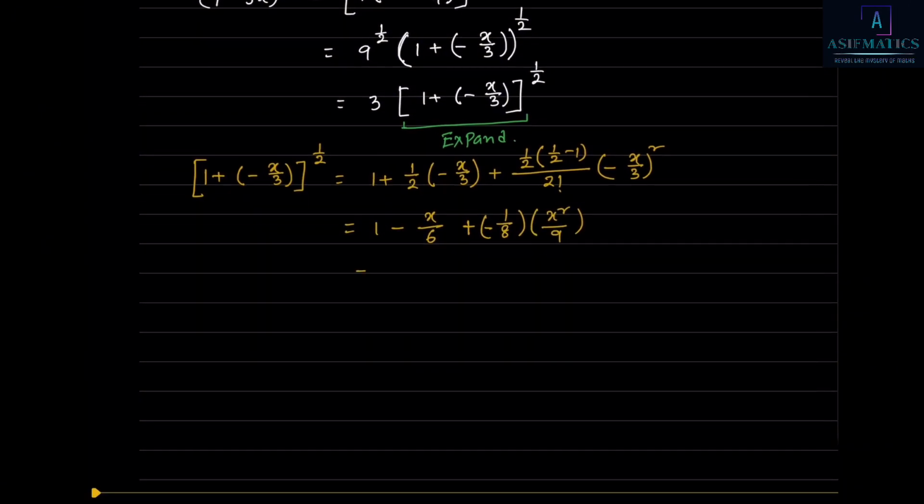So this simplification will be 1 minus x by 6 minus x square by 72.